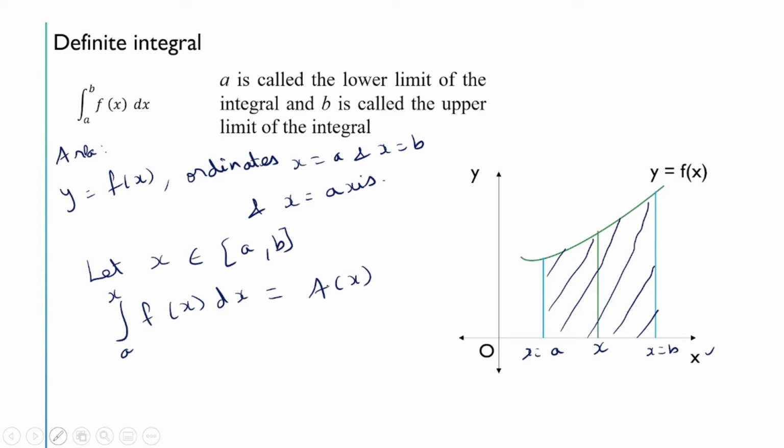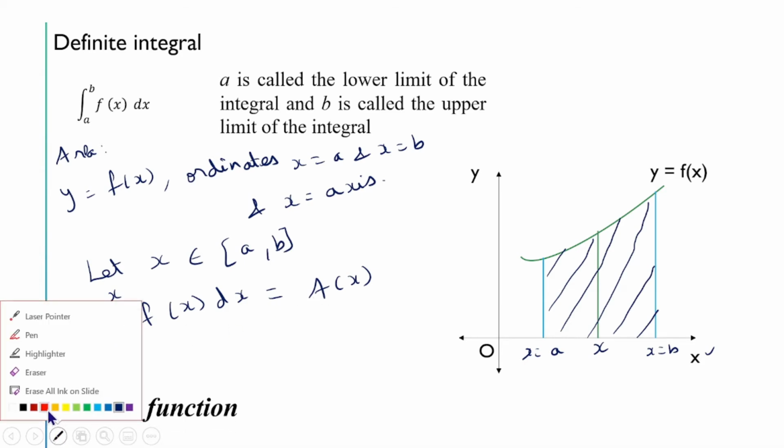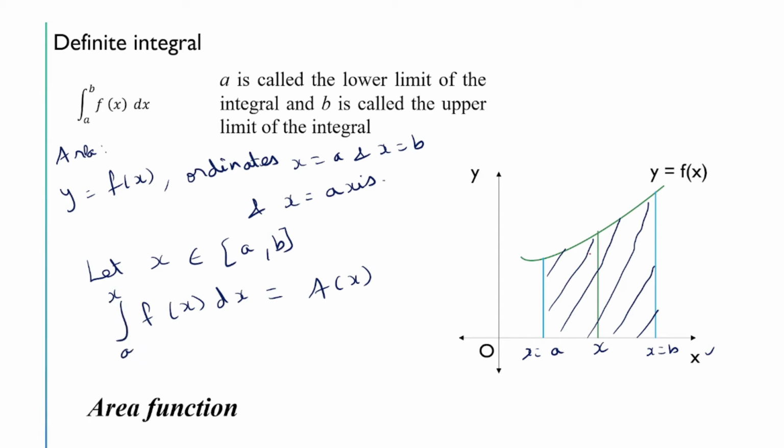This is equal to A of x and this is the area function. So this part is the area function. It is the area bounded by the curve y is equal to f of x, x is equal to a, and the point x, and the x-axis. So the area function is given by integral a to x f of x dx.